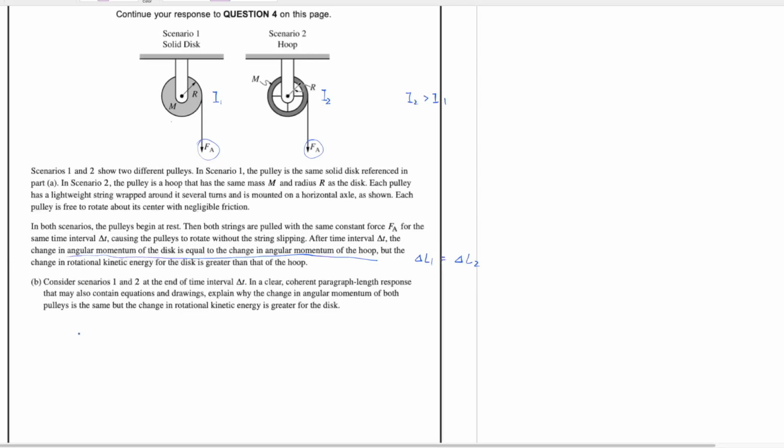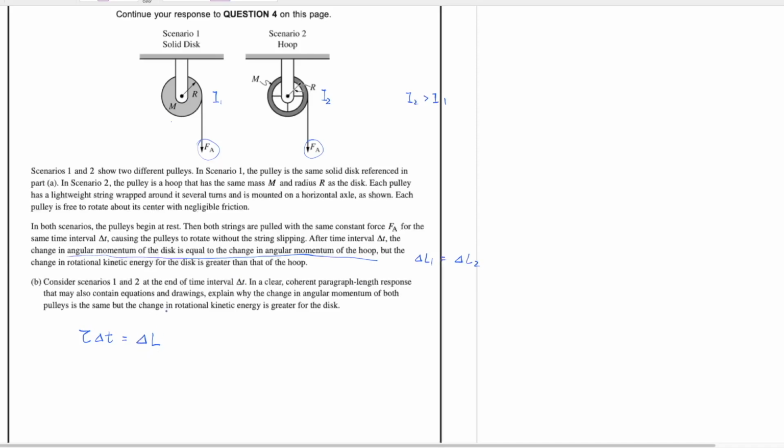Angular momentum change is related to angular impulse, right? Angular impulse, you can use torque times delta t. That's angular impulse, which is change of angular momentum. These two both have the same torque because F_a is the same and the same radius, and also the same time interval. On the left side, they are equal, so the delta L should be the same.